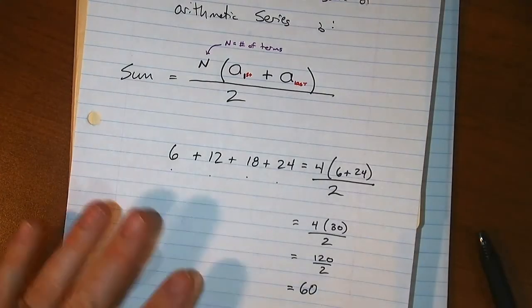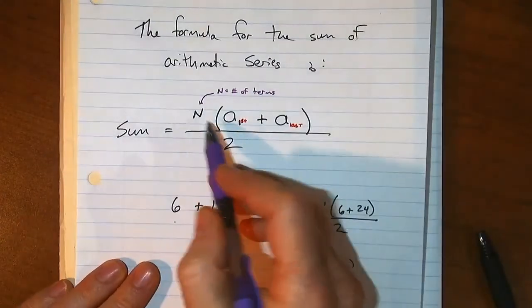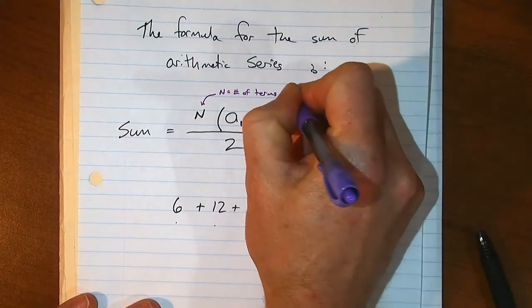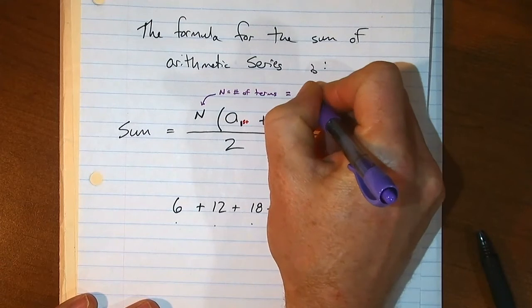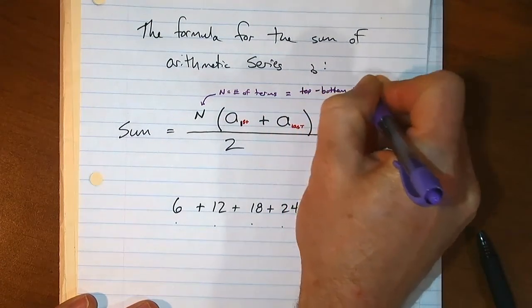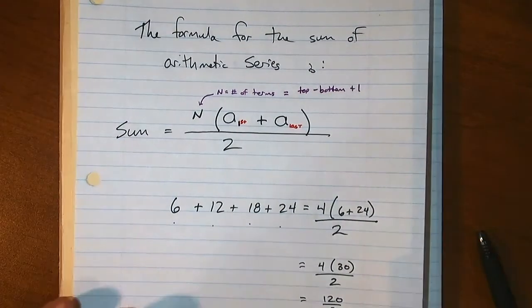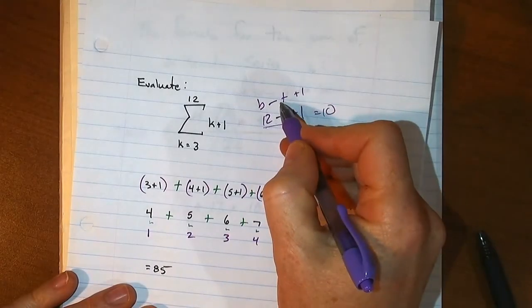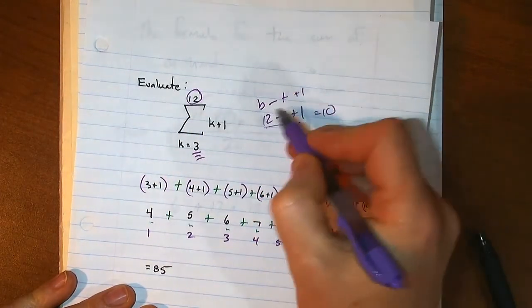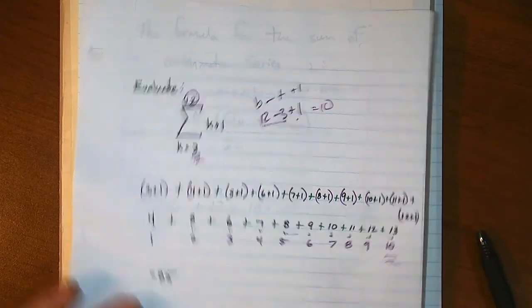Okay. So bottom line, going back to our formula here, generally speaking, you can find the number of terms by doing the top number minus the bottom number and then plus 1. You know what? I think on all of these things I said bottom minus top. I was doing top minus bottom. So I wrote the right thing, but I said the wrong thing.